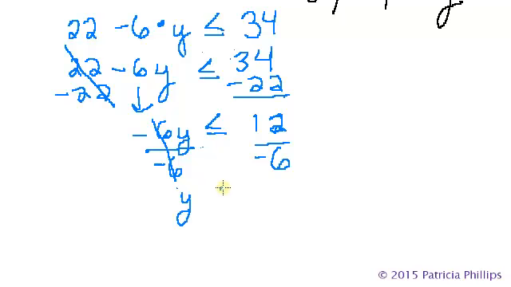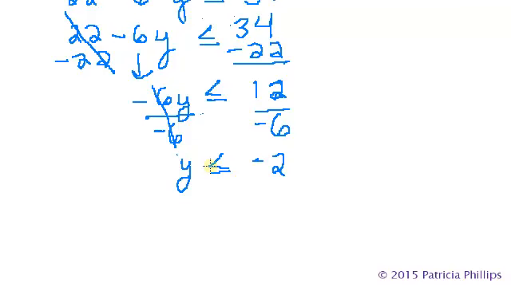So y is less than or equal to negative 2. But when you are dividing by a negative number and you're doing these inequalities, you're not going to end up with the same inequality unless you flip the sign.